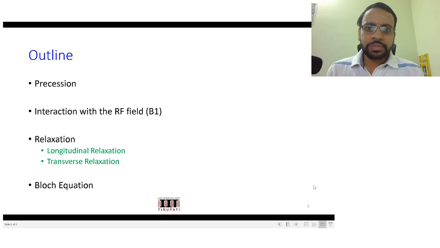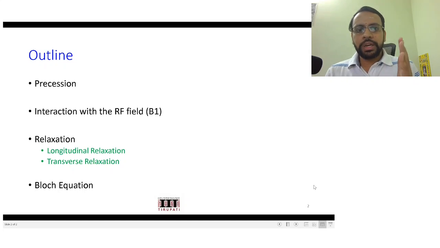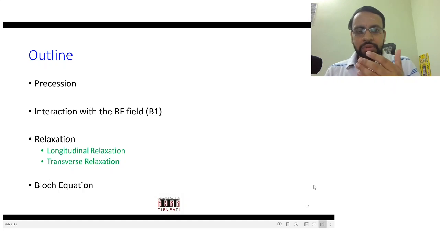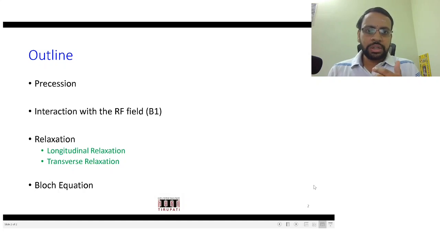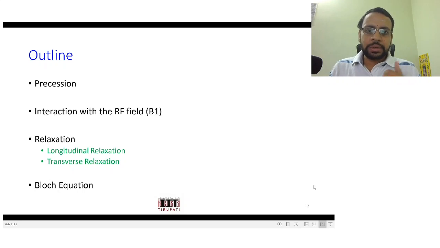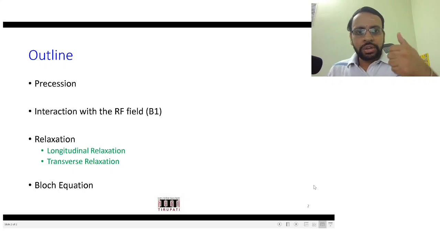The outline of this video lecture would be, first we would be discussing the precession of the magnetic field, how it rotates around the Z axis when we apply B naught in the Z direction. Then we would discuss the interaction of this magnetic field when you additionally apply a B1 magnetic field at radio frequency, and you would see that this results in magnetic field in the longitudinal direction as well as in the transverse direction.